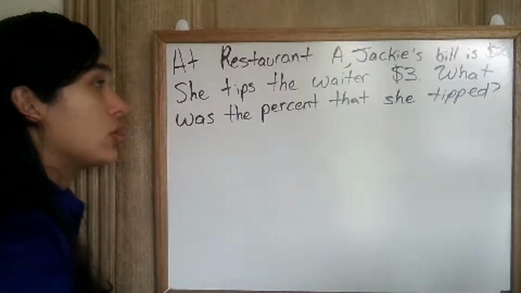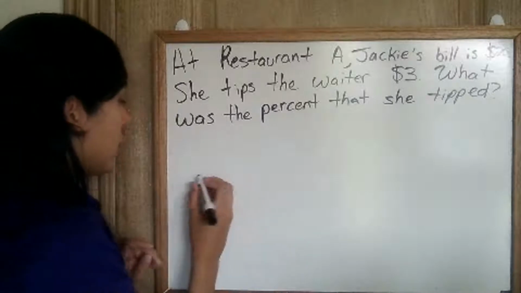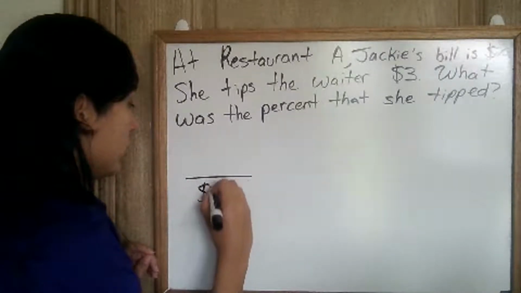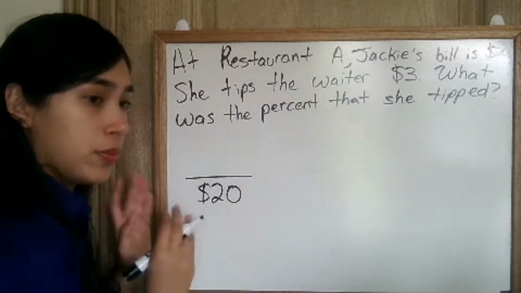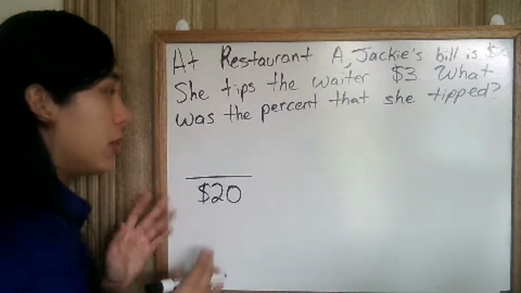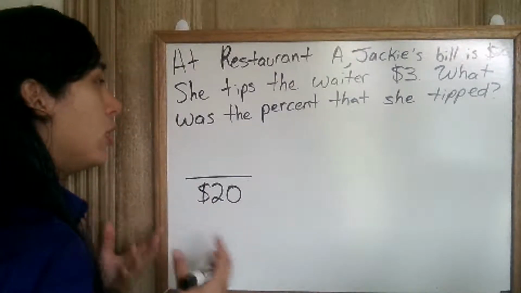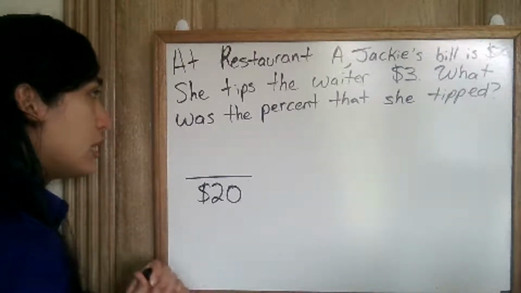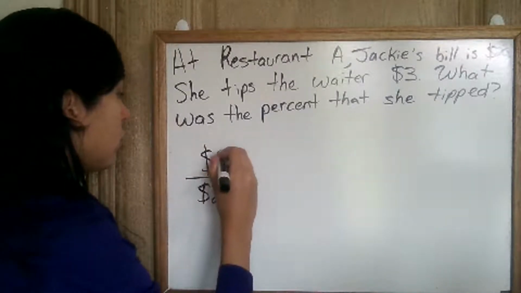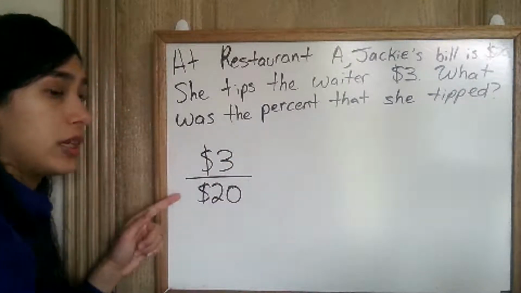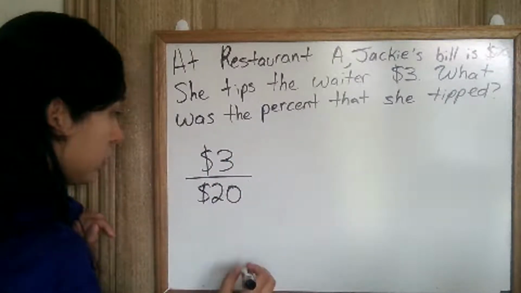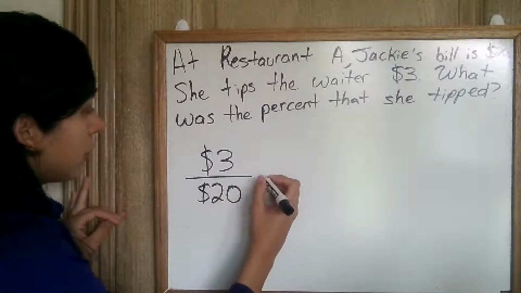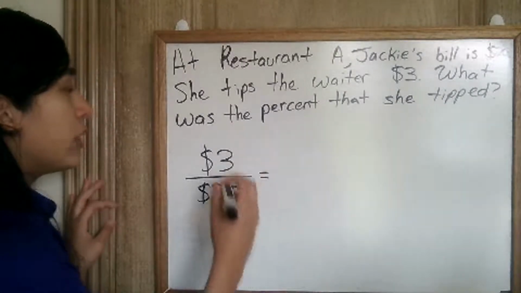Okay, so the total amount of her bill in this case that we're talking about is $20. This is going to be our base, which is the denominator. Now we're going to be talking about the part. So her tip was $3. That's going to be our numerator because this is part of the $20. So then we want to find out what is the percentage that she tipped.